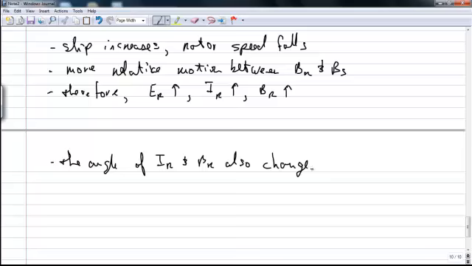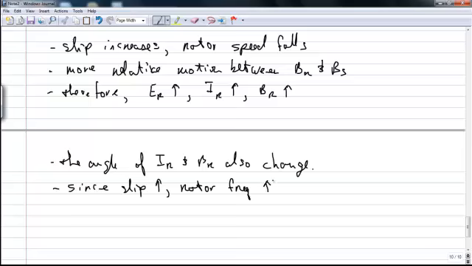Since we have a larger slip, the rotor frequency is going to increase, and that means that the rotor reactance increases, so the current in the rotor will lag further behind the rotor voltage. So our slip is increased. This means that the rotor frequency will also increase.